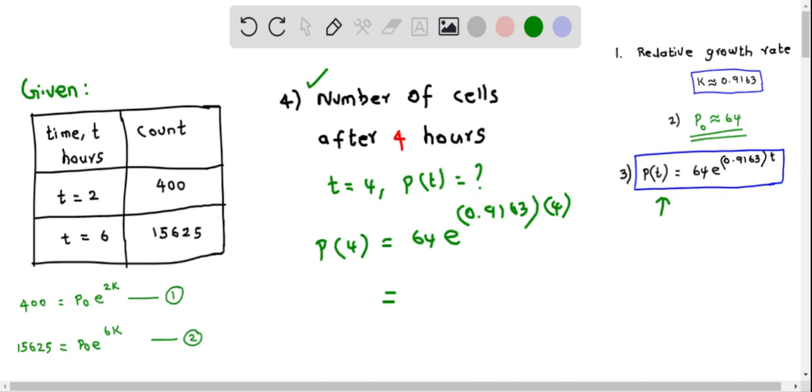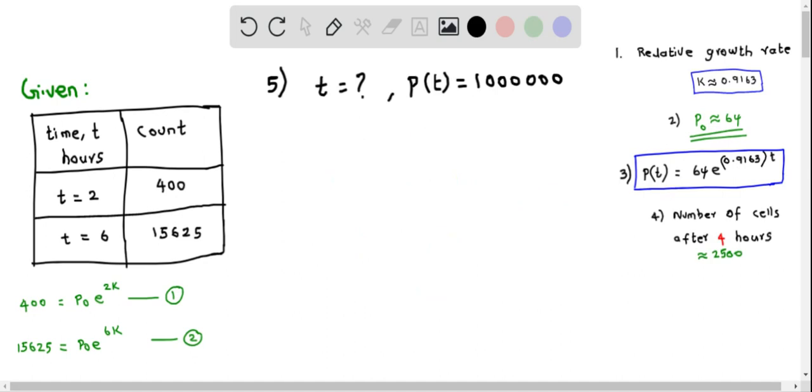We can plug this into the calculator. We multiply these two quantities first, exponentiate e by this quantity, and multiply by 64. When we do that, we get approximately 2500. So this is the number of cells after 4 hours.